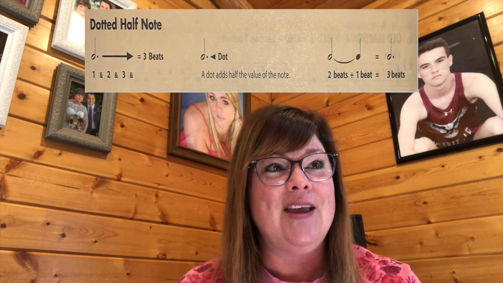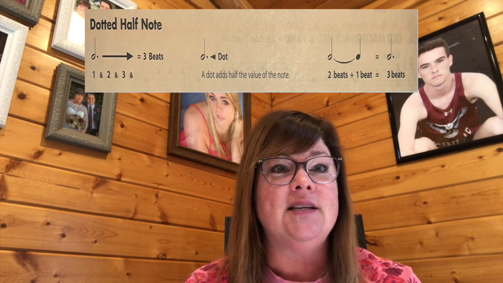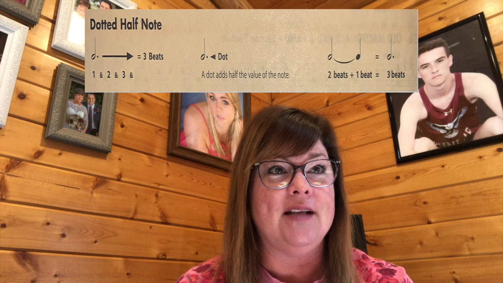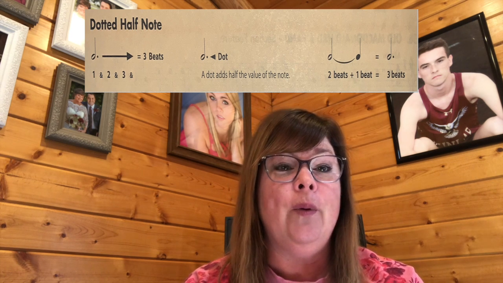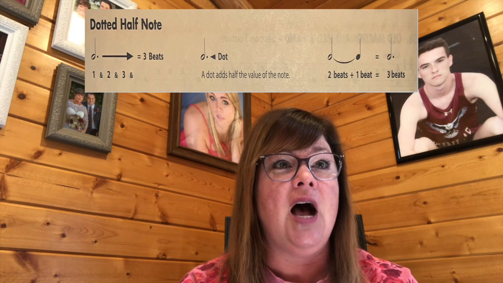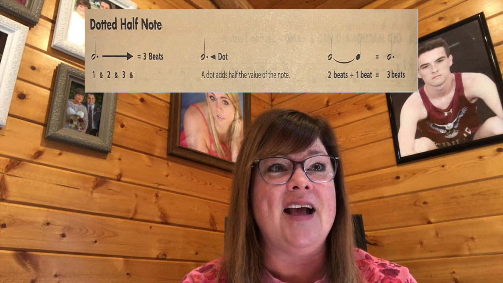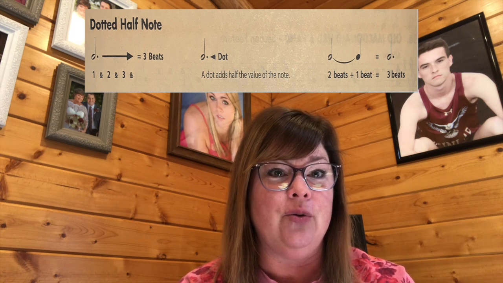Now we haven't got to what a 3 count note is yet, if we were just to see one on its own, but guess what? There it is in the orange box, yellowish box below. A dotted half note gets 3 counts. Well, we know a half note gets 2 counts. And when you put a dot on a note, it tells you right there in the box, that adds half the value of the note.